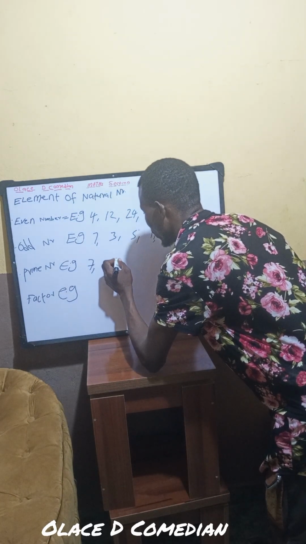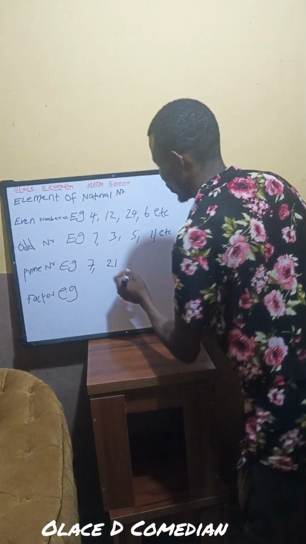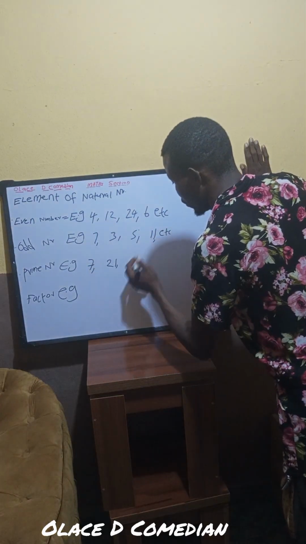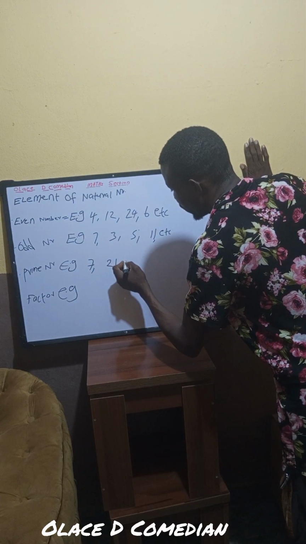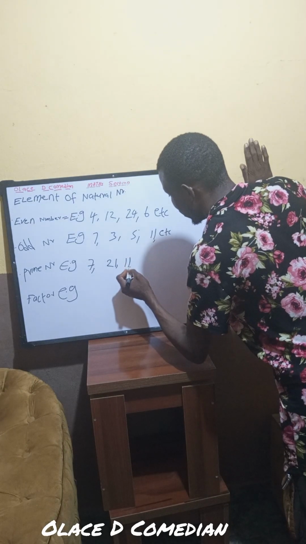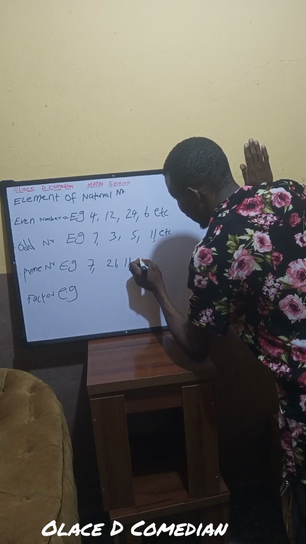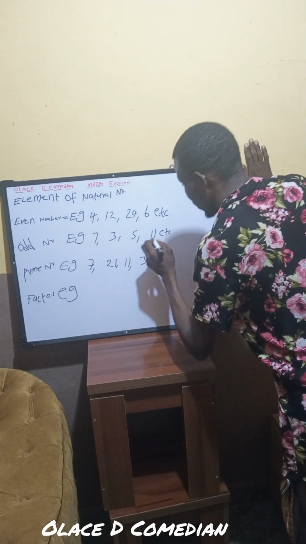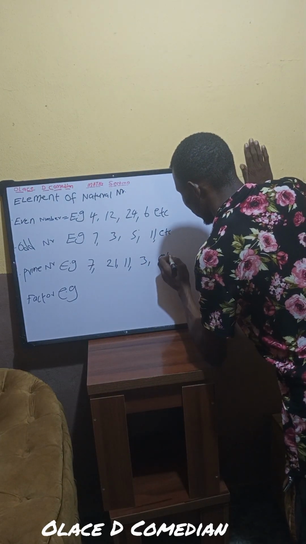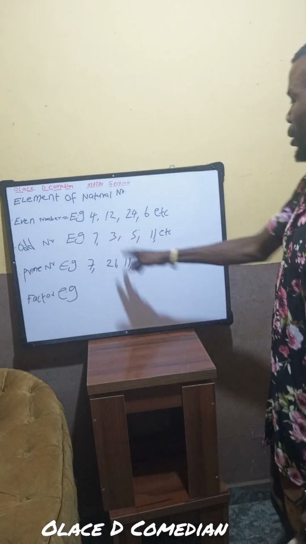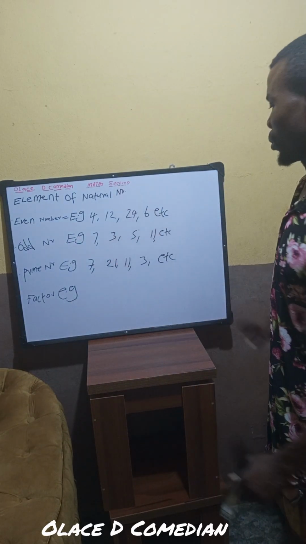21 is in their family, because 2 cannot go into 21. Including even 11 is their family. 3 here again is still their family, etc. That is why I told you odd numbers and prime numbers are just like brothers.